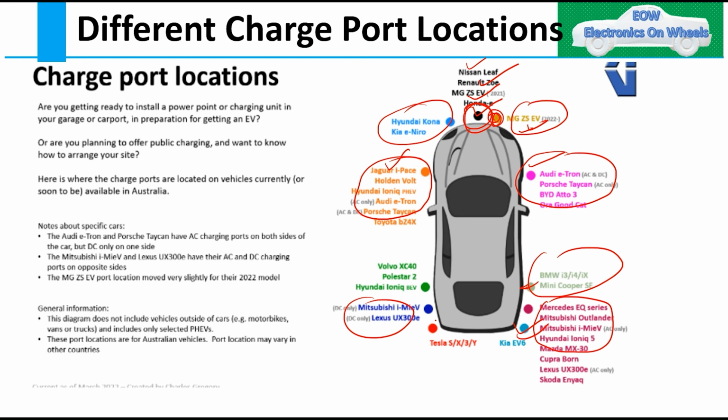Mitsubishi and Volvo use the left. It all depends on how your vehicle's component packaging is placed, and based on that, the charging port location can change. So this is what they have explained here, and we have already covered it.